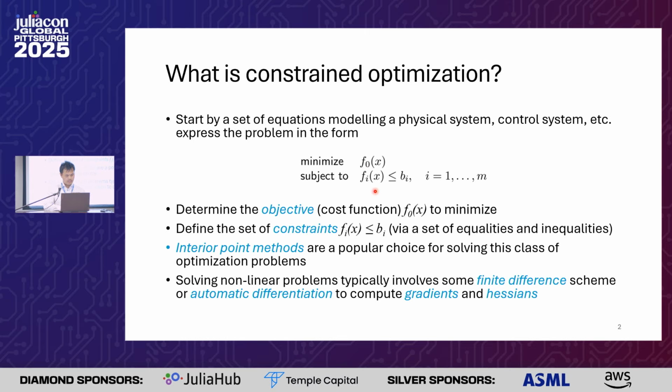This is the objective function, and these are the constraints. To solve these types of problems, typically they employ what are interior point methods. And solving nonlinear problems typically involves some finite difference scheme or automatic differentiation for computing gradients and Hessians.